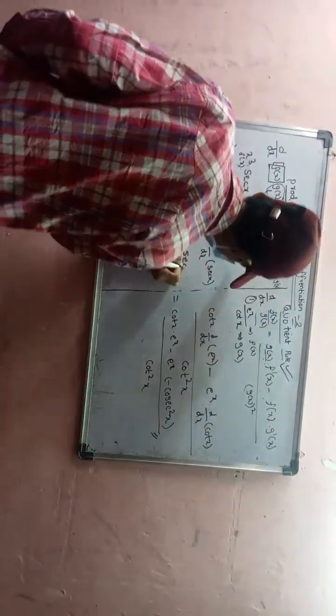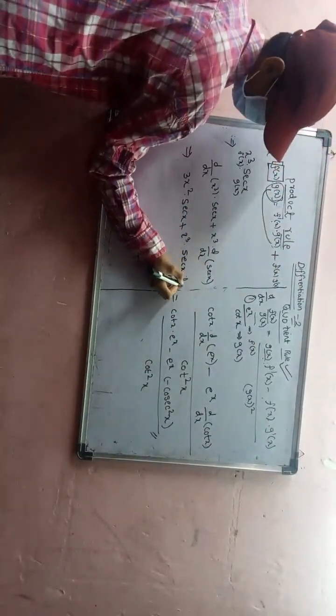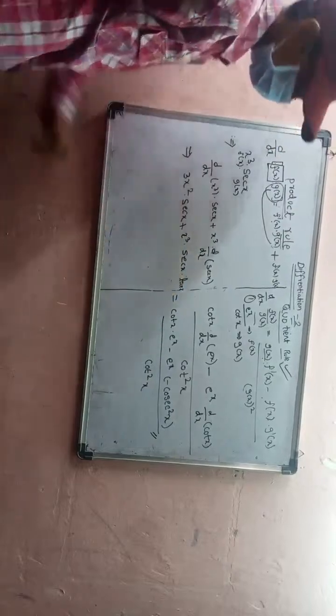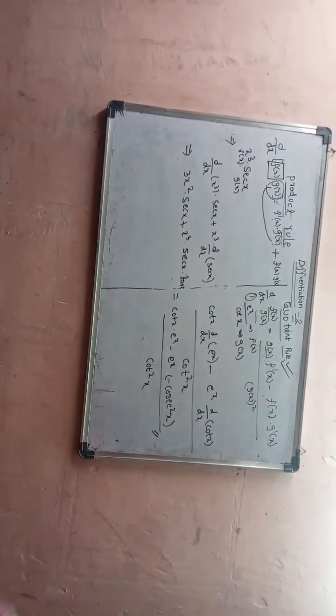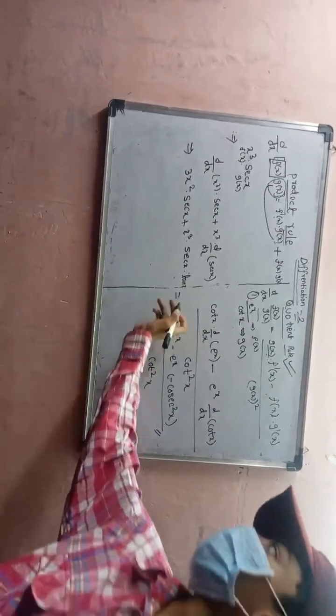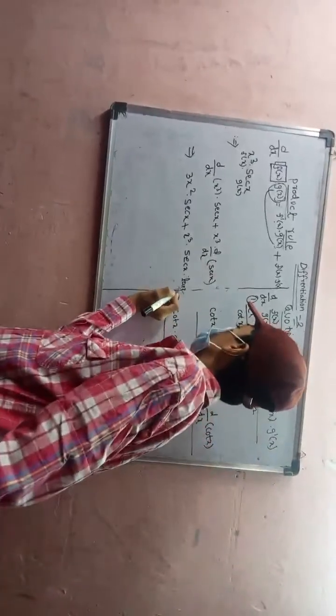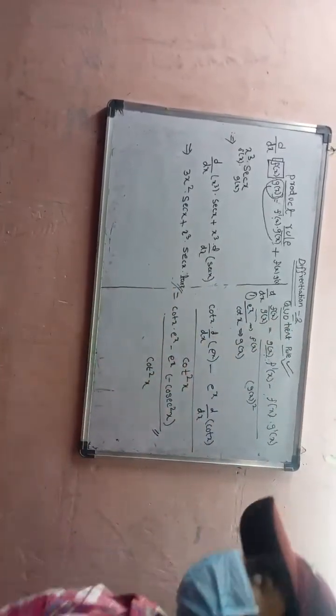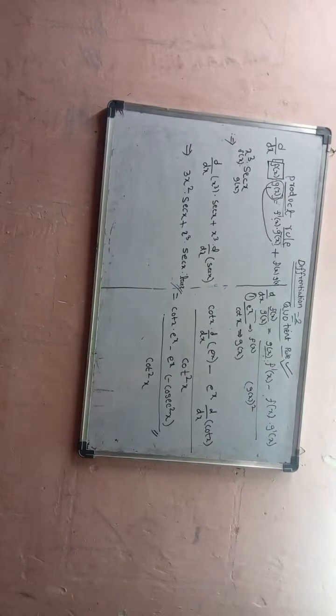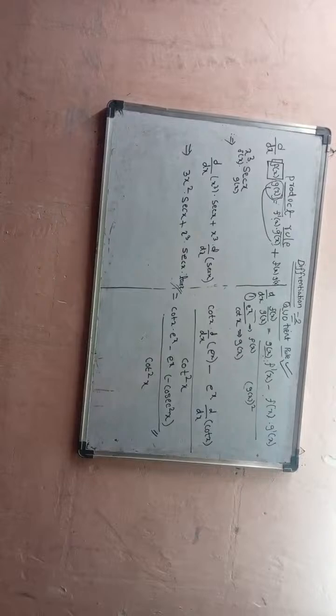D by dx of secant x is secant x into tan x. So 3x square into secant x plus x cube into secant x into tan x is the correct answer.